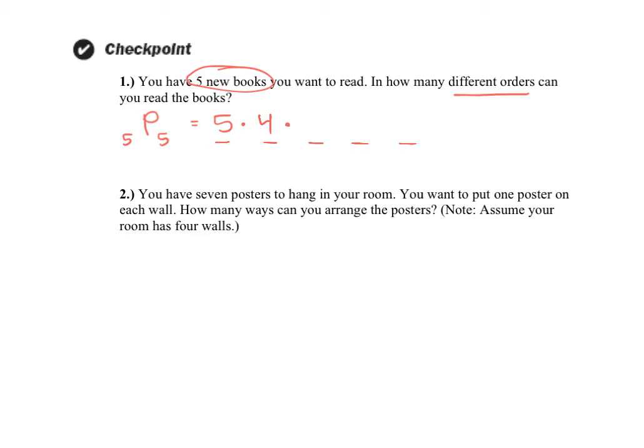So your third book, you have 3 options. Your fourth book, you have 2 options. And your last book, there's only 1 option left. So to solve this permutation, I am going to multiply 5 times 4 times 3 times 2 times 1, and that gives me 120 different orders that I could read these books in.